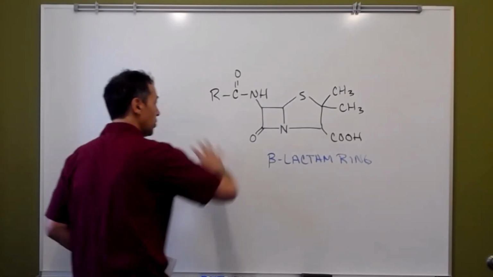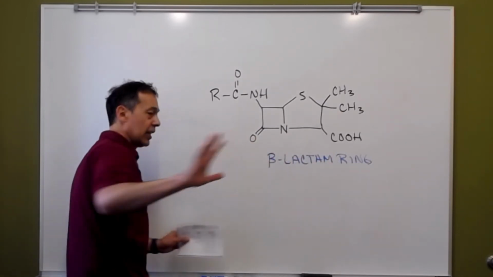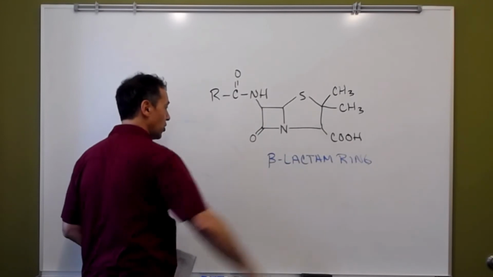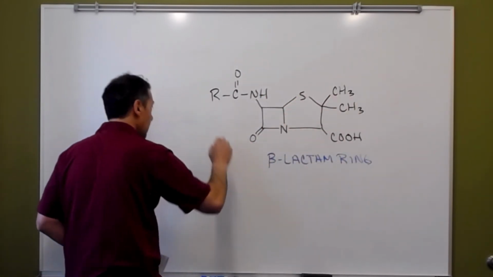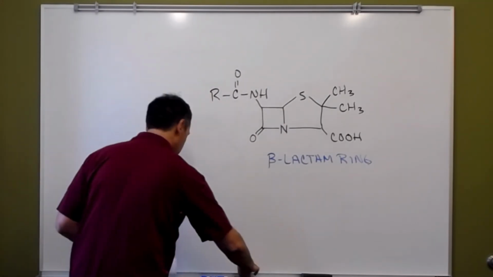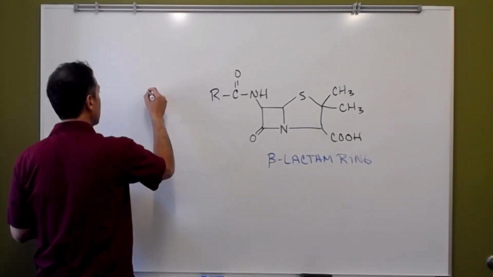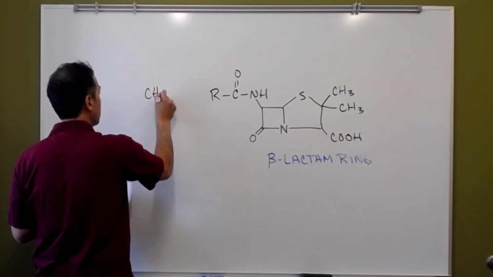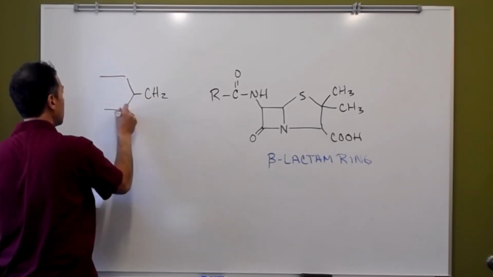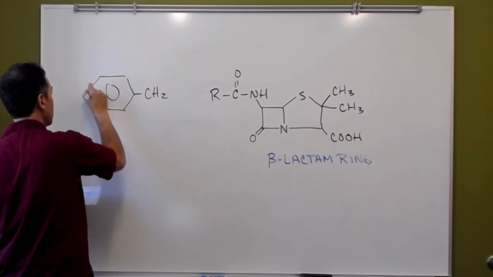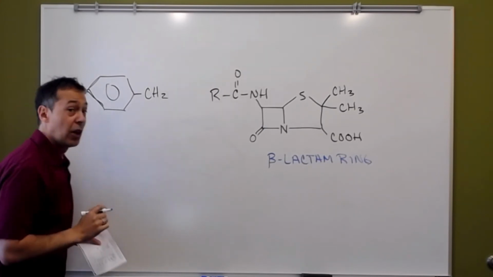And so this structure right here is called a beta-lactam ring. It's not anything you need to memorize. I'm not going to ask you to draw this on a test or anything, but if R here is something specific, so if that R looks like this, a CH2 attached to a benzene ring like this, then this right here is called, wait for it, penicillin.